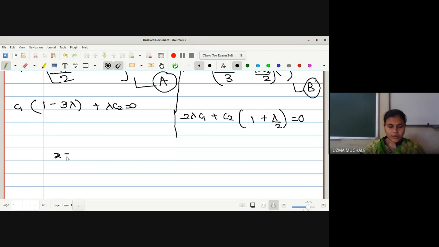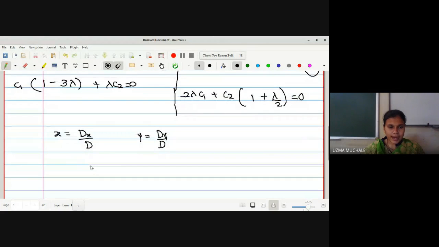So if I want to find the value of x, it is nothing but dx upon d. And if I want to find the value of y, it is dy upon d. You studied this in the 10th standard, how to find the values using Cramer's rule. So instead of x, we have to use C1 and C2. You can solve by that method, or you can simply use multipliers and then evaluate.